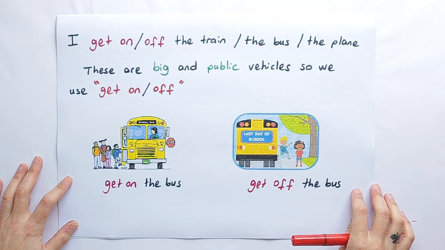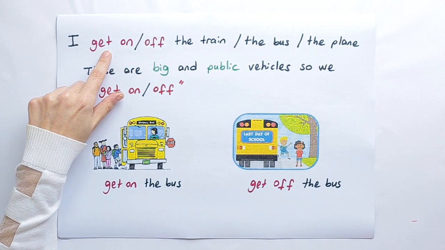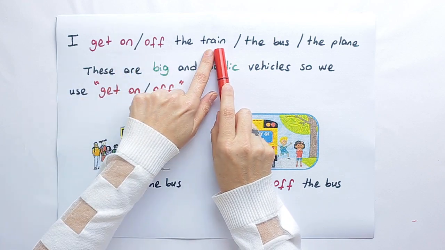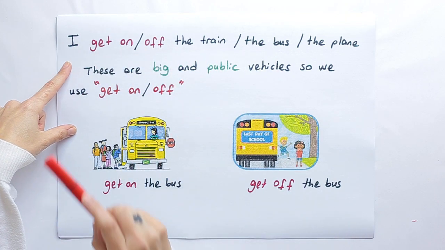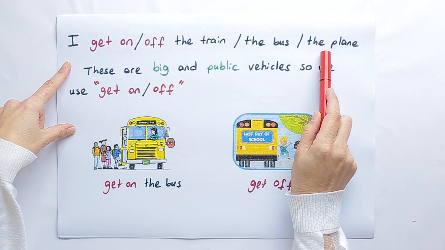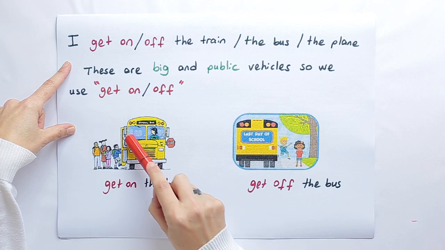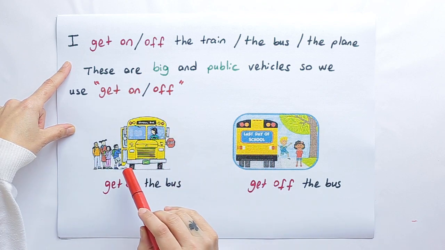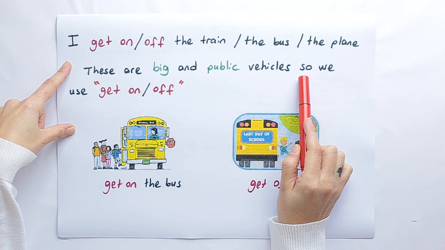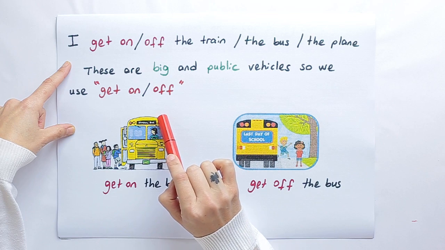Get on and get off. I get on the train. I get on the bus. I get on the plane. These are big and public vehicles, so we use get on or get off.